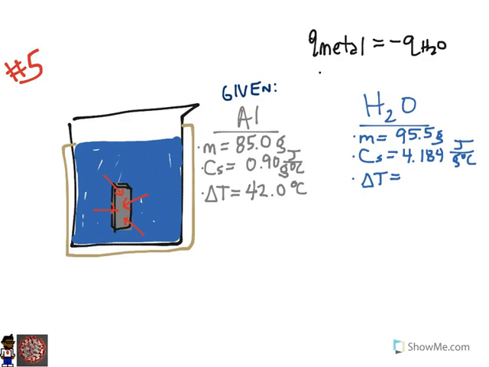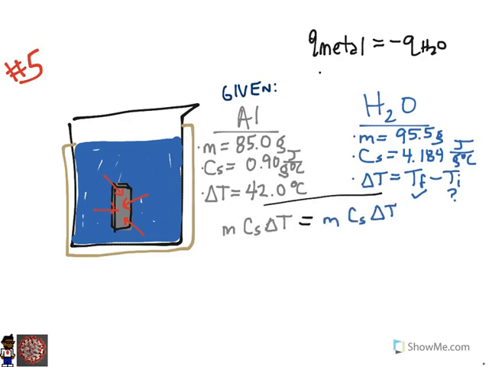But now let's take a look at the change in temperature. So we know that the change in temperature is equal to the final temperature minus the initial temperature. And we know the final temperature. We don't know the initial. So you gotta do some math work. So here's our equation that we're going to use.